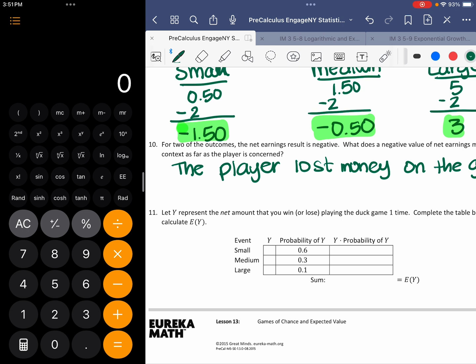So small would be negative 1.5, or $1.50. Medium would be negative 0.5, negative 50 cents. And large would be positive $3. So I'm going to pause here. I want you to calculate the expected net earnings for this game.